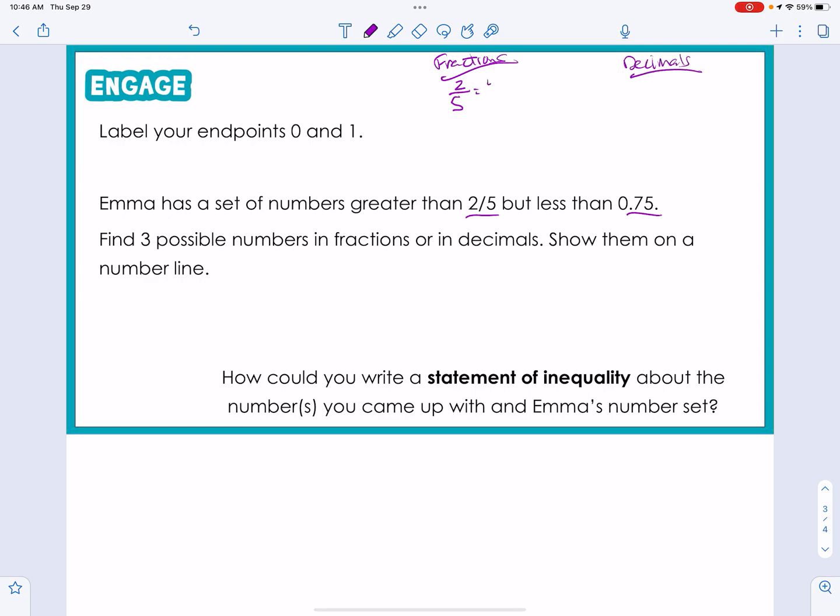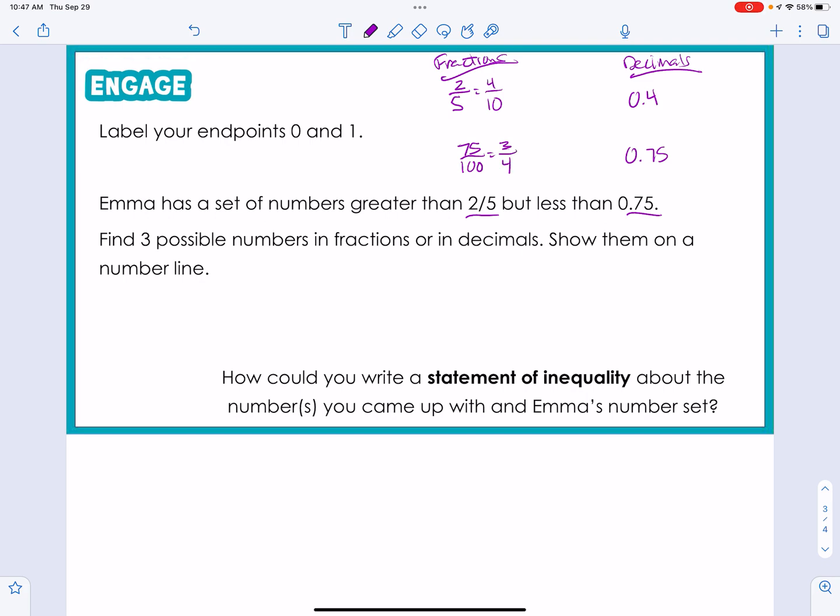So 2/5 is equivalent to 4/10, and that is the decimal 0.4, which ends in the tenths place. 0.75, if you read it using place value language, you definitely know that is equivalent to 75 over 100, and you might also recognize that that is 3/4.